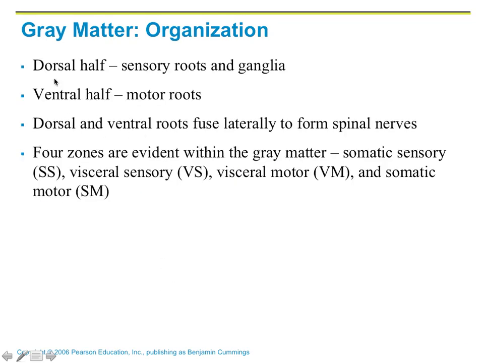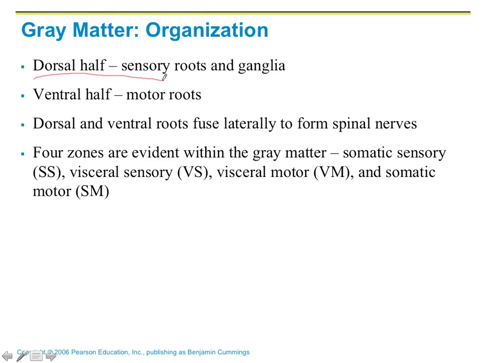So here we can see the dorsal root. The dorsal horn of the gray matter is sensory, it's the sensory and detection. So this is the sensory root and ganglion. Actually, the ganglion is not part of the dorsal horn, because the ganglion is neurons in the peripheral nervous system.